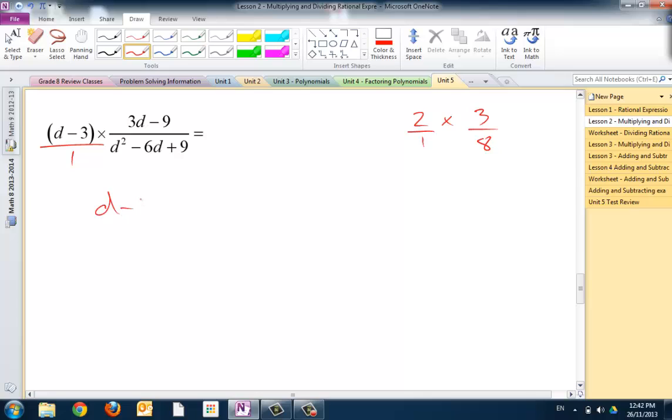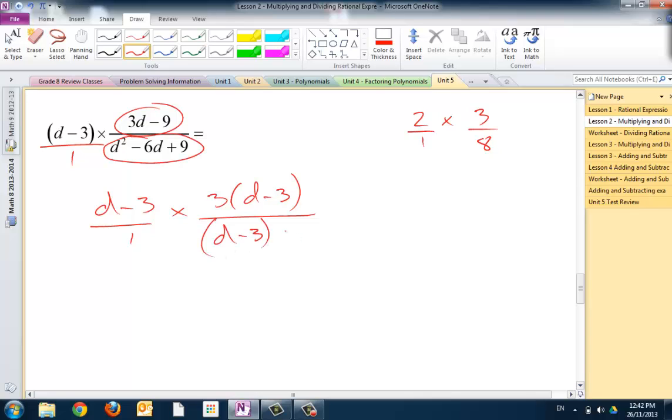And I would have d minus 3 over 1 times, let's factor that guy, 3 onto d minus 3. And let's factor this bottom, d minus 3 onto d minus 3. And I can start canceling out like crazy. And I'm left with 3 over 1, which is 3.